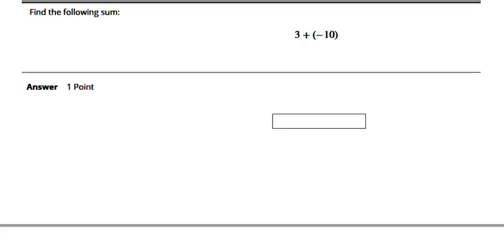Now, in this one, we're adding unlike sign integers. So the rule is, it's a negative 10. We want to subtract the smaller absolute value. That'll give us a 7. And we use the sign of the larger absolute value, which in this case is negative. Or just put 3 minus 10 in your calculator and you'll get negative 7.